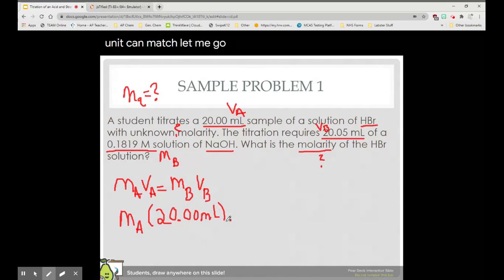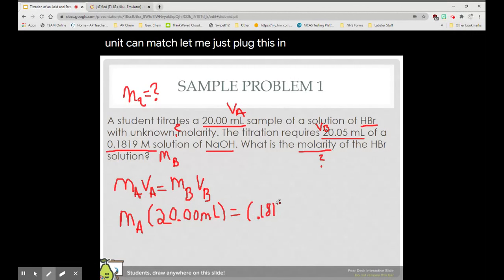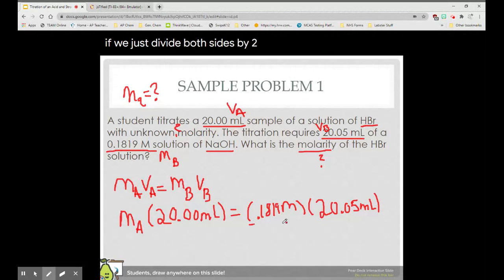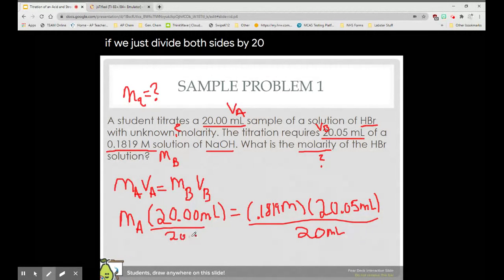Then we can just plug those in: 0.1819 times 20.05 mL. All right, so if we just divide both sides by 20, we'll get to our answer.